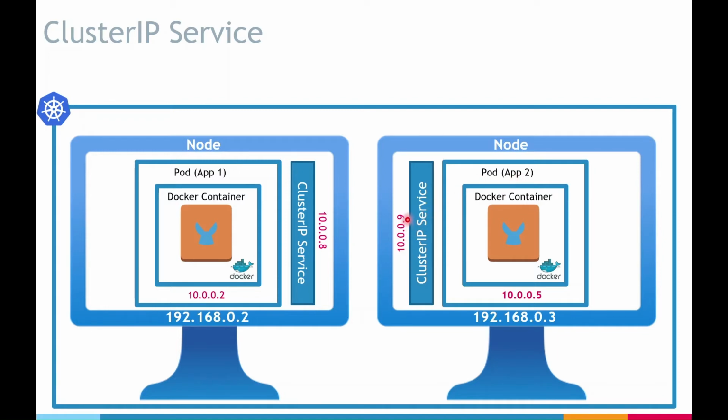So in the event the pod crashes, for sure the pod IP address will change, but the cluster IP address will always remain the same. So now if app 1 has to call app 2, it can use the cluster IP address, which is 10.0.0.9, and be rest assured that the call will be successful even in case the pod crashes. So that's the idea of the cluster IP service.